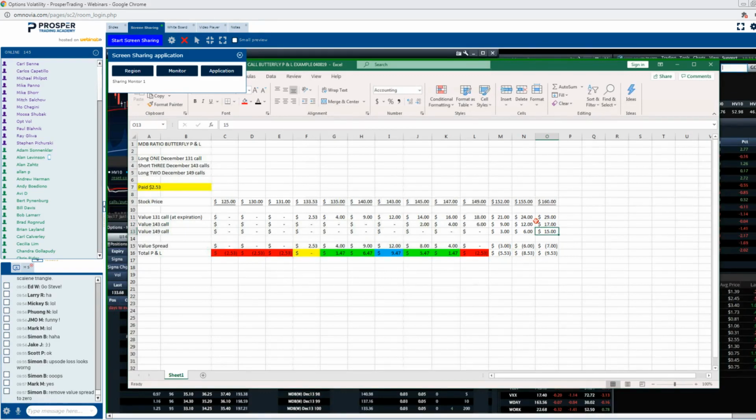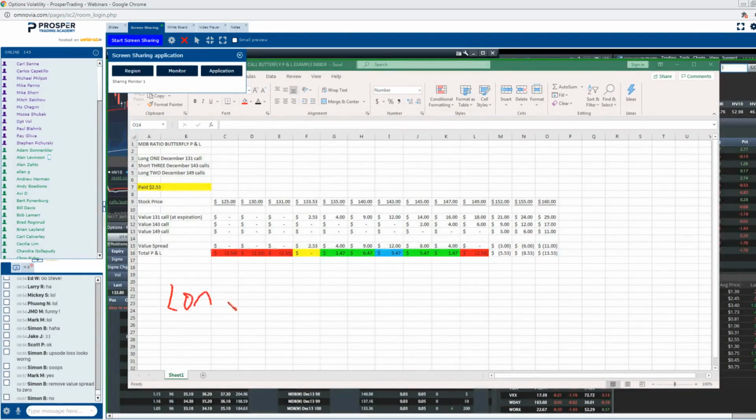And that is because, I'm going to spell it out here for you, and my apologies for my explanation later. I just clarified it with Mark. Okay, what you will see is we are long one $12 wide spread, right? Because we're long 131 and short a 143. So we're long a $12 spread.